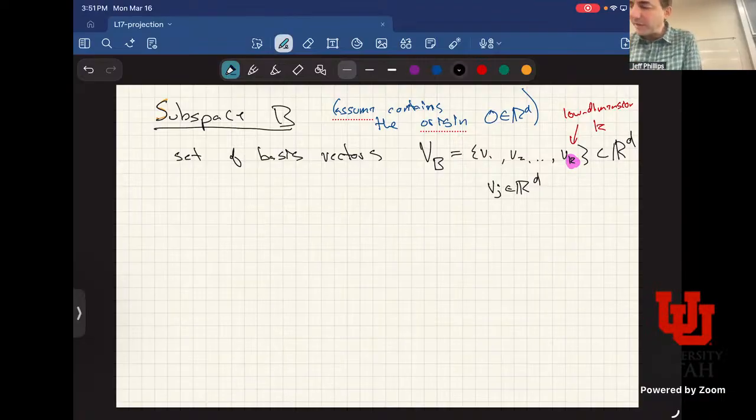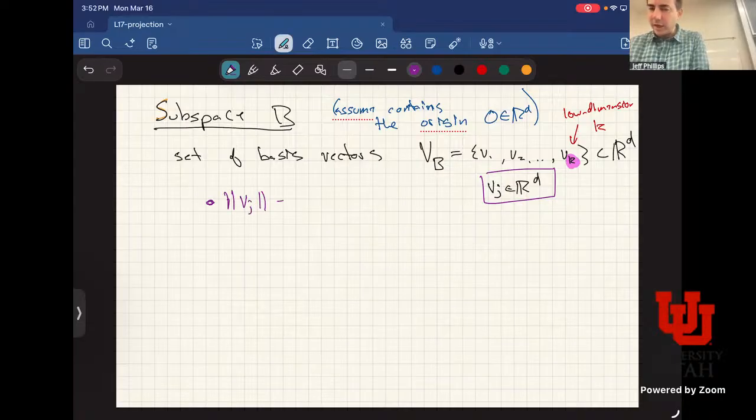Okay, but the basis is going to have two requirements, and then it will give me one property. So for these vectors, for these Vj, I'm going to have that the norm of each Vj is equal to 1, right? So these are all going to be unit vectors.